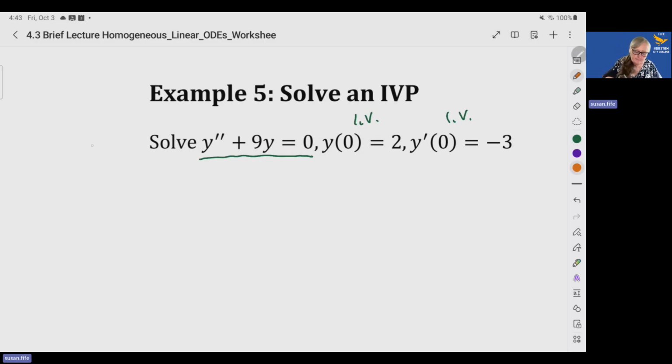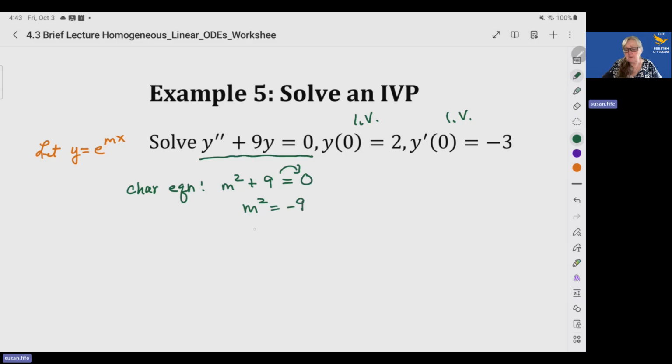So I'm going to start by letting y equal e to the mx. And my characteristic equation then is m squared plus 9 equals 0. We can solve by bringing that 9 to the right side. We get m squared equals negative 9.